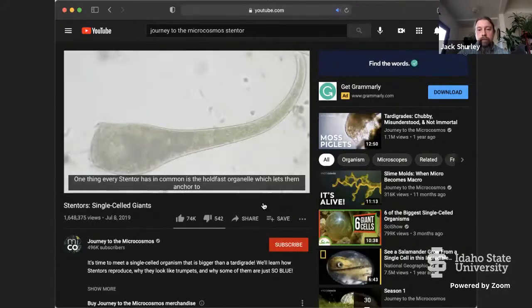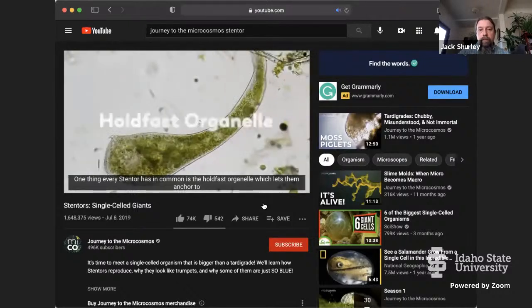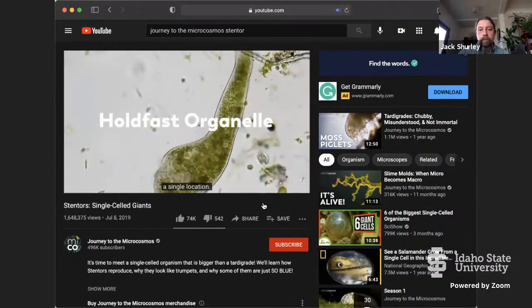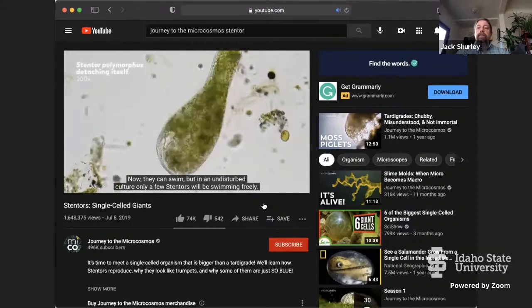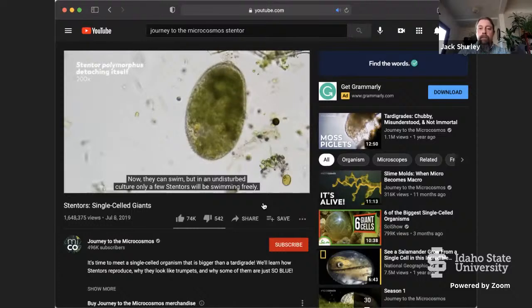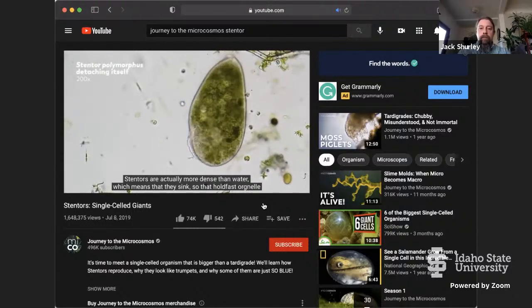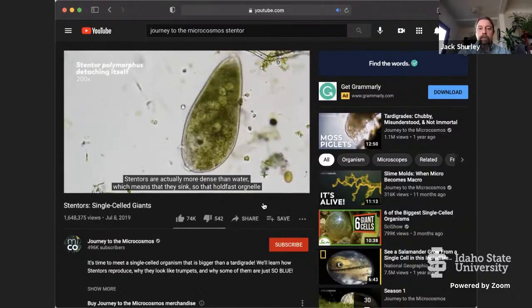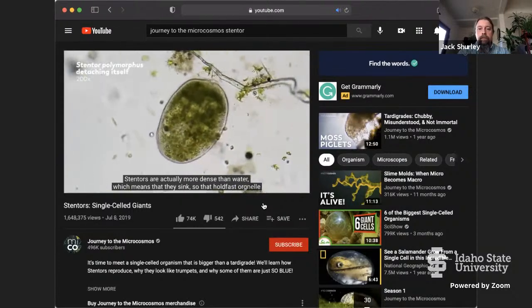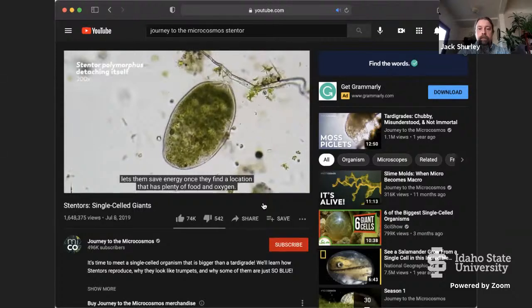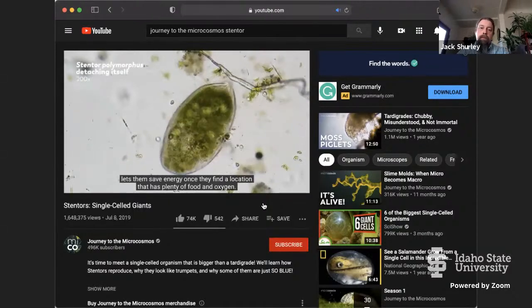One thing every Stentor has in common is the holdfast organelle, which lets them anchor to a single location. Now, they can swim, but in an undisturbed culture, only a few stentors will be swimming freely. Stentors are actually more dense than water, which means that they sink. So that holdfast organelle lets them save energy once they find a location that has plenty of food and oxygen.